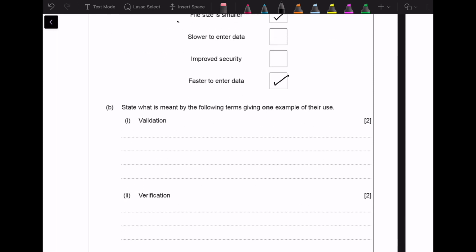State what is meant by the term. Okay, so we've got validation and we've got verification. Now, bear in mind, these are worth 2 marks because we have to give one example and we've got to explain the term. So, first of all, validation. Validation is basically checking to see if the data is reasonable.